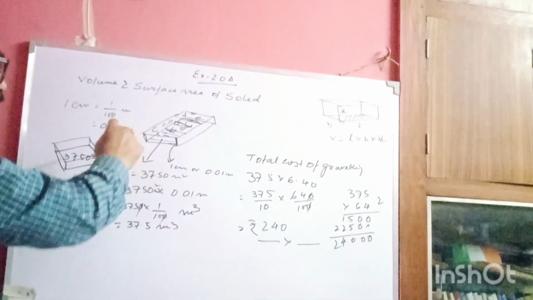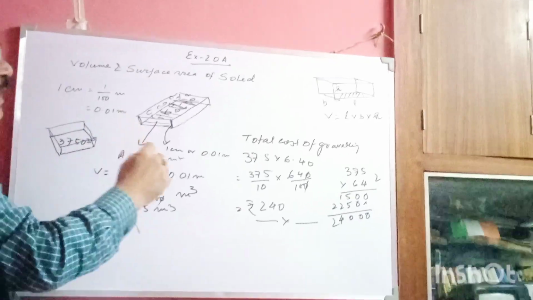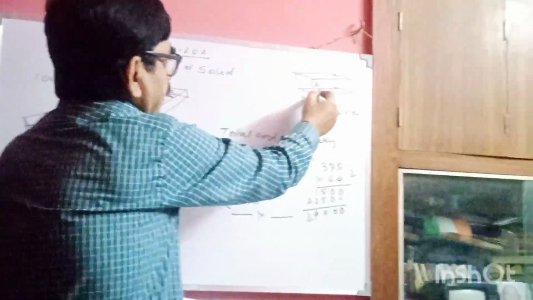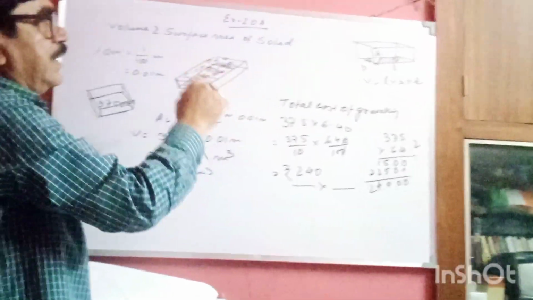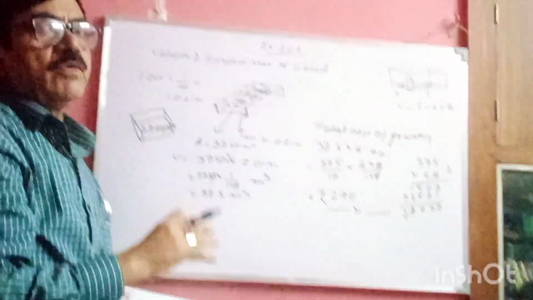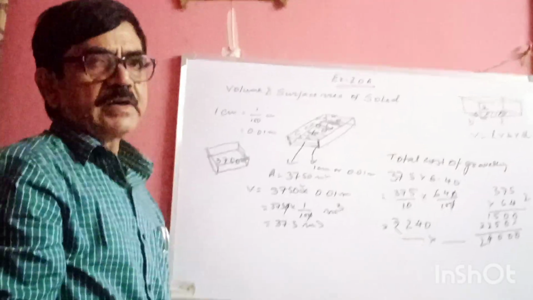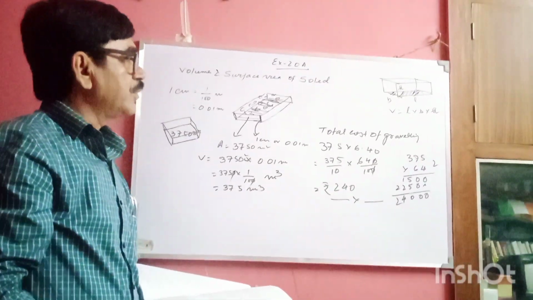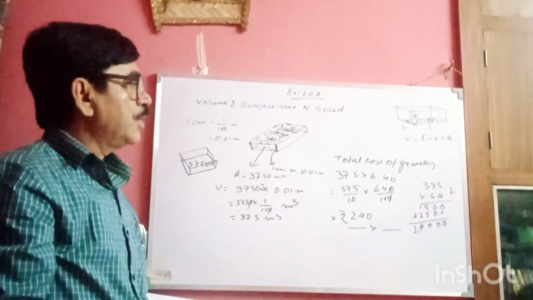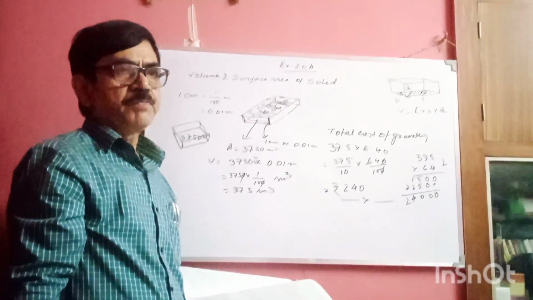In that sum, the surface area, that means the base, is given already. If we multiply this with the height, then we will get the total volume of the gravel. It is said that the cost of graveling is 6.40 per cubic meter.